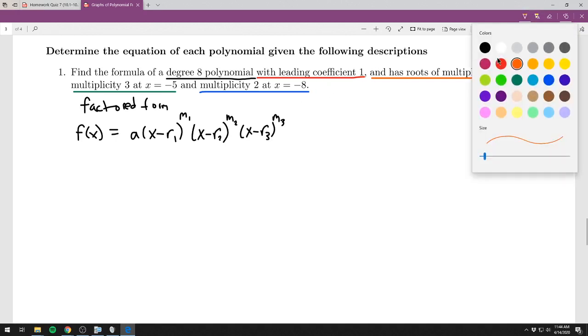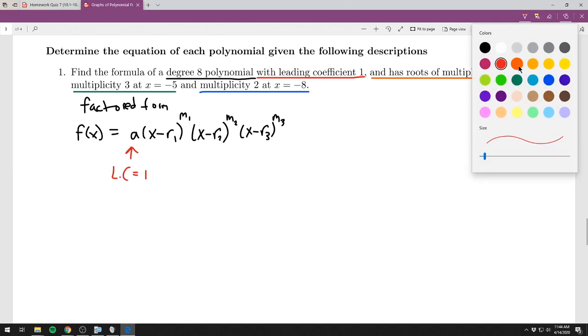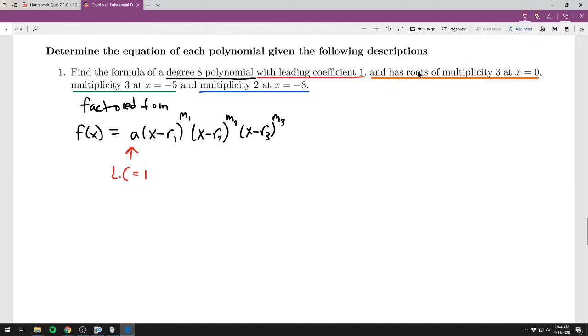Now, if we read all the information we have here, the leading coefficient is a, and we are told that is 1. We're just going to plug in 1 there and leave it alone. All right, we have a root of multiplicity 3 at x equals 0. So what this is telling us is r1, the zero, is 0, and the exponent m1 equals 3.